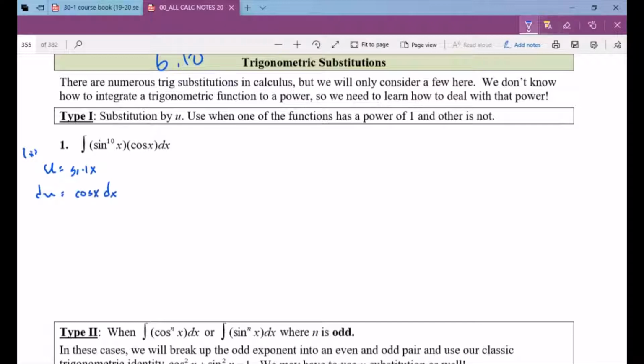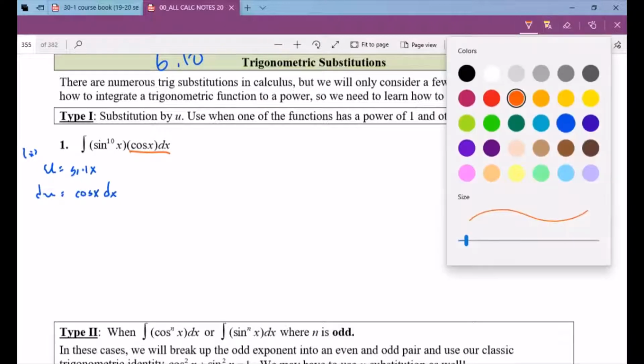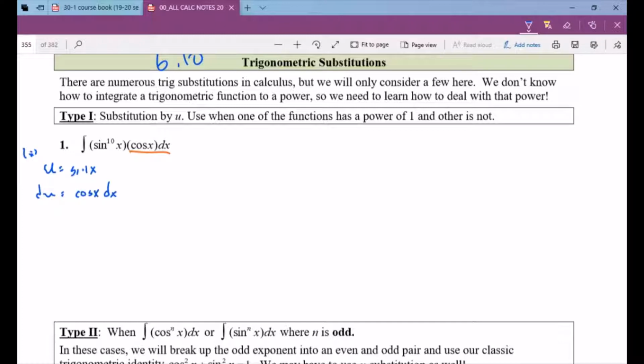That really is where this is going to fall out, the fact that the derivative of sine is cos, and so we have just a degree of 1 of cosine. Therefore this ends up being equal to the integral of u to the 10 times du.